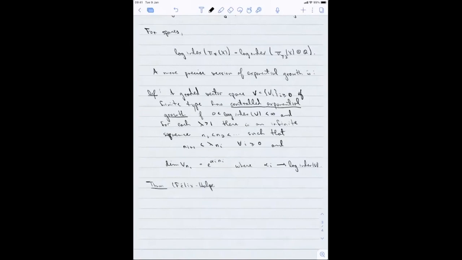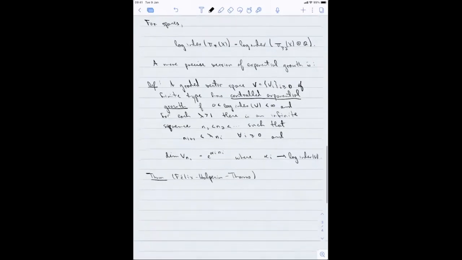And Felix, Halpern, and Thomas prove the following.